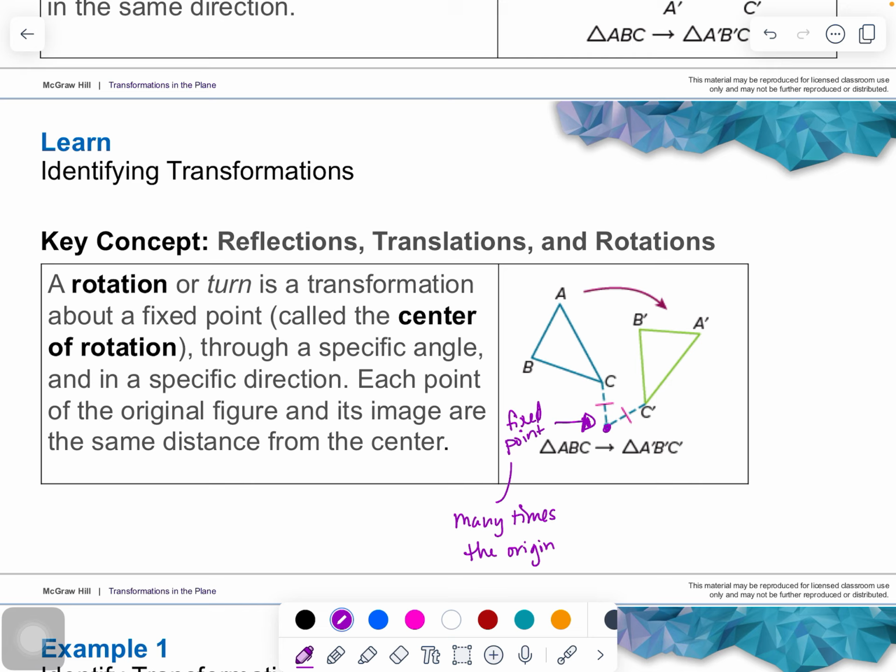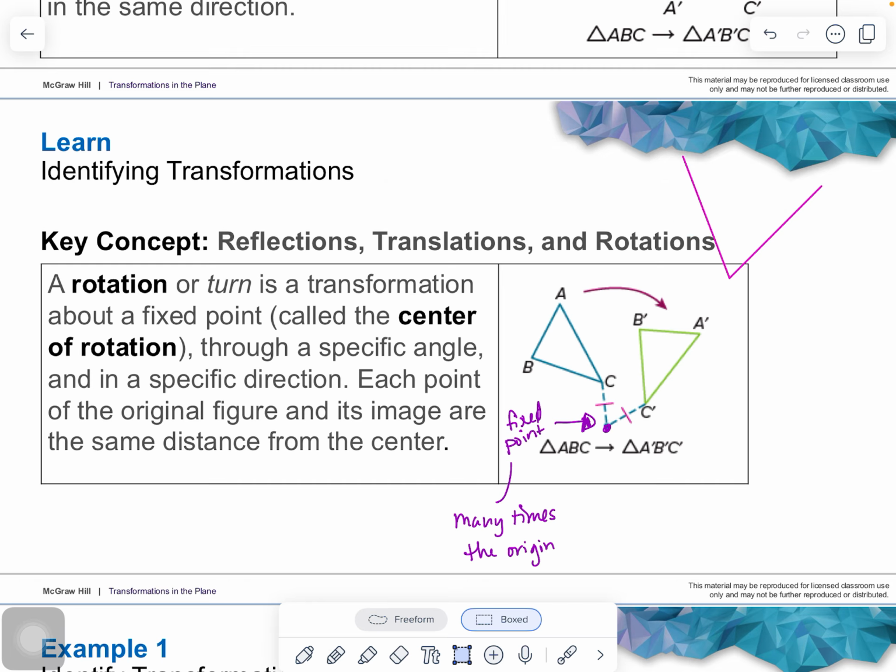Each point of the original figure and its image are the same distance from the center. So if I go from this center point out to A, and then from the center point out to A prime, those are the exact same length.